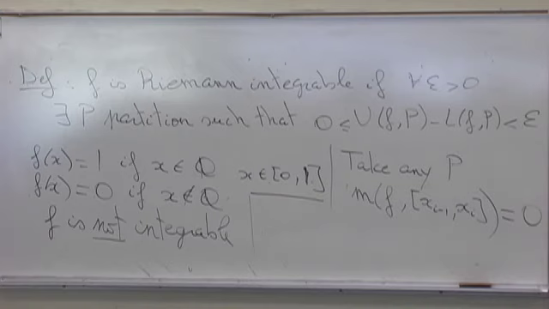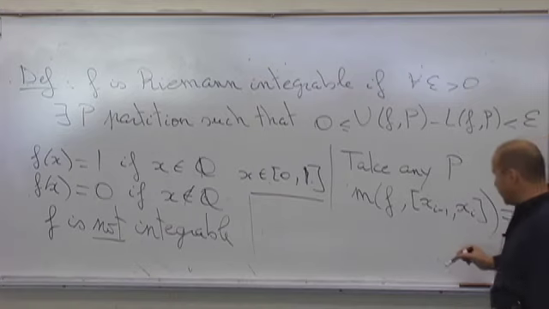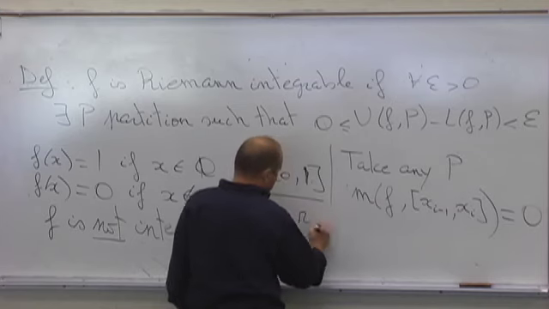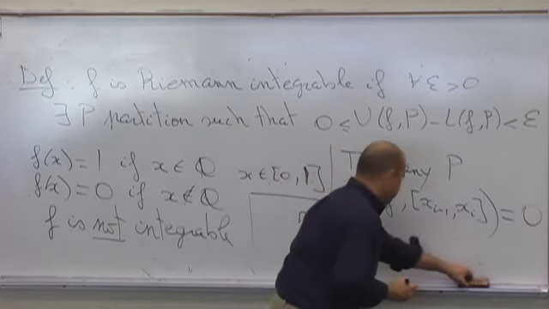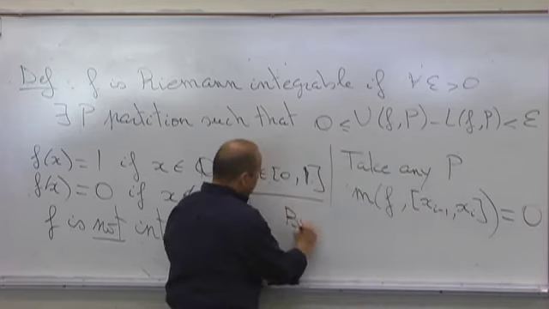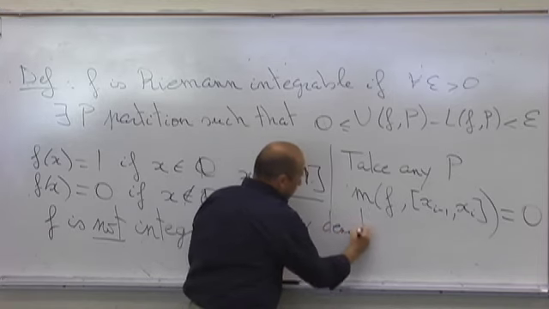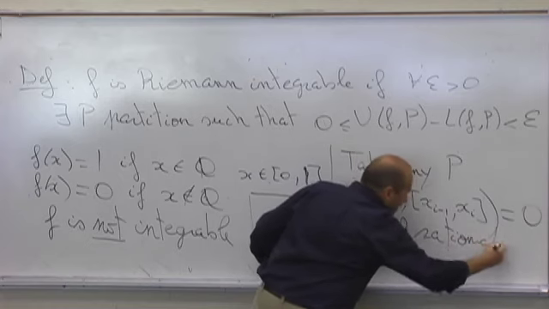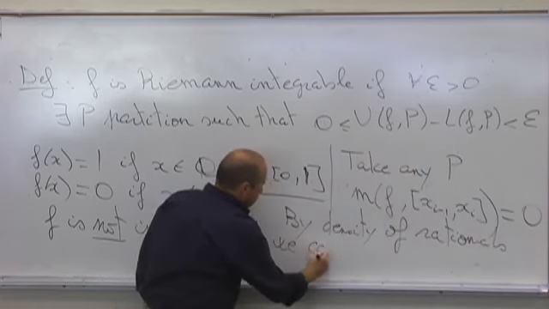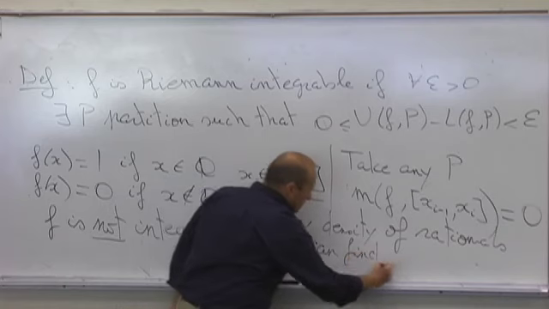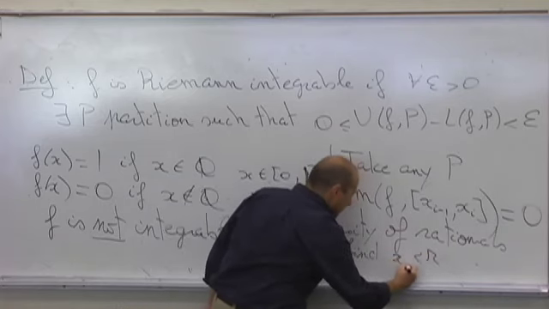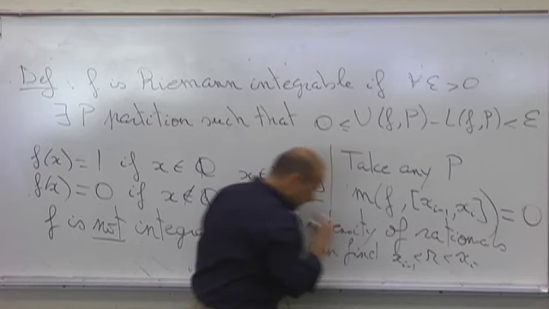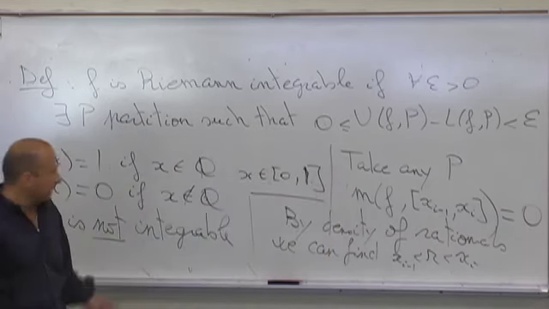Because between any two rationals there would be an irrational, which means it would be 0, by density of the irrationals. Right, I will find an irrational by density of irrationals between x_{i-1} and x_i.